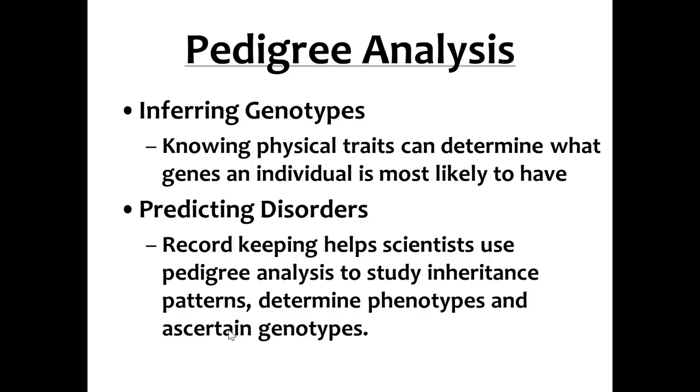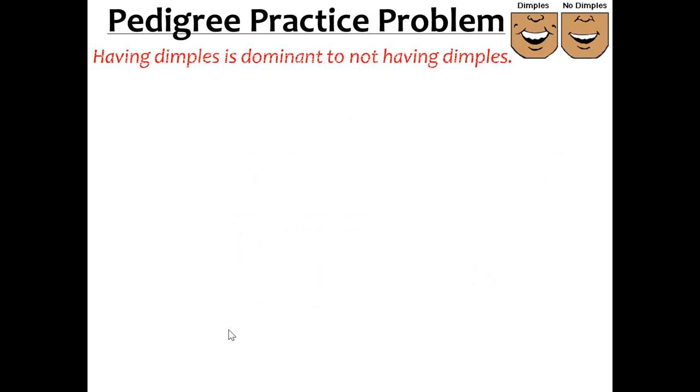Basically, by keeping record of these disorders or diseases or phenotypes that are shown in your families, then you can track the most likely pattern of who might get it next or where it may be passed to, things like that.